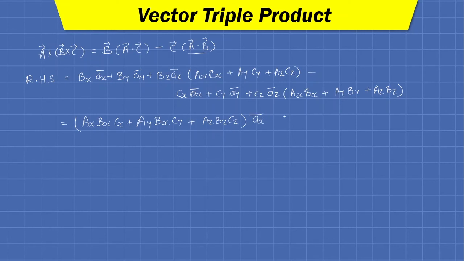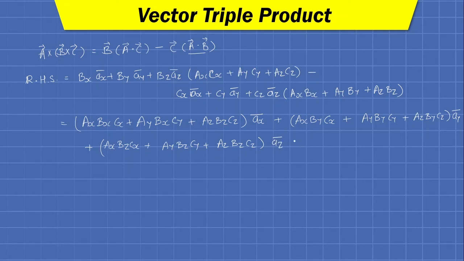So it will be like this, plus AX BY CX plus AY BY CY plus AZ BY CZ AY bar, plus AX BZ CX plus AY BZ CY plus AZ BZ CZ AZ bar.